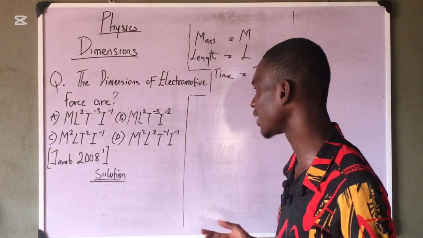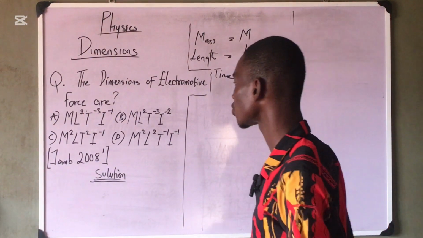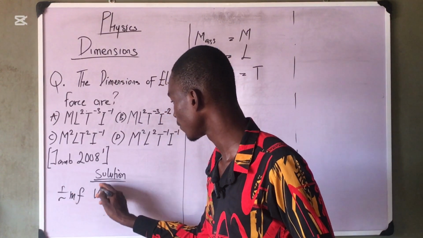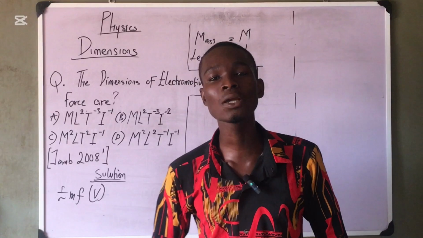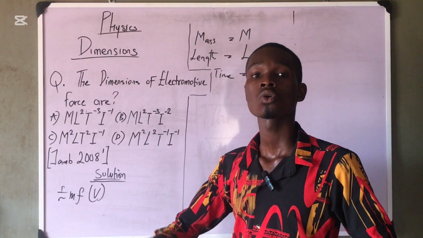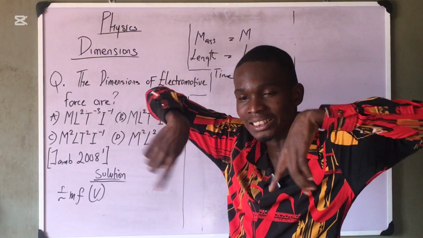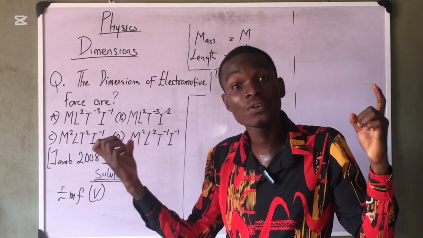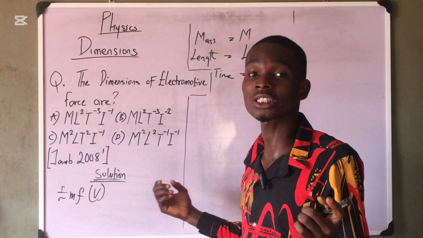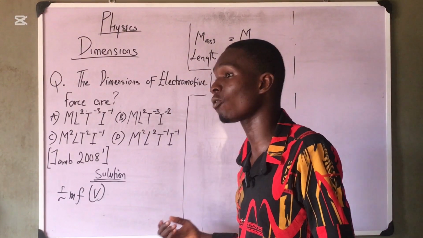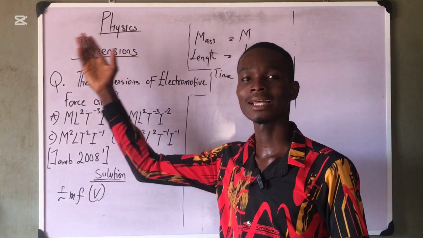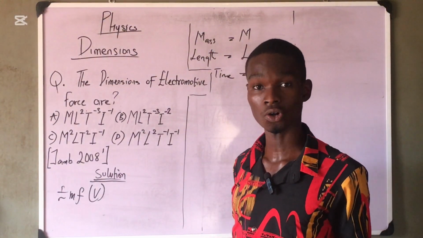Now, you must recall that electromotive force, which we know as the EMF, V, is the work done in moving a unit charge around a circuit. You can call it the driving force of charge. And when you talk about electrical charge, the quantity of charge, you also talk about the presence of current. Because you cannot talk about electricity without talking about current.